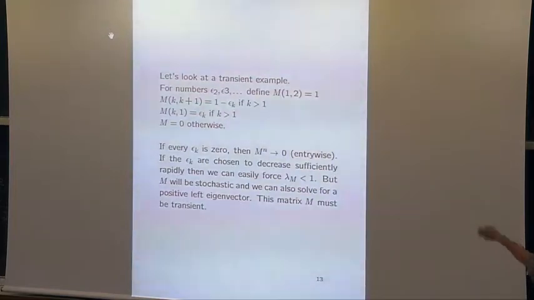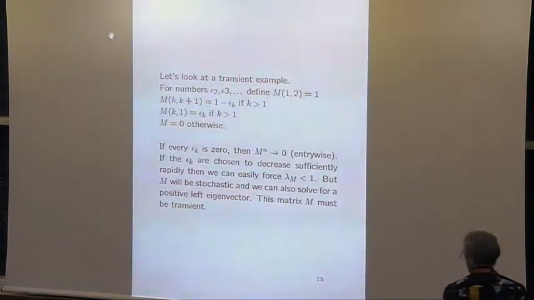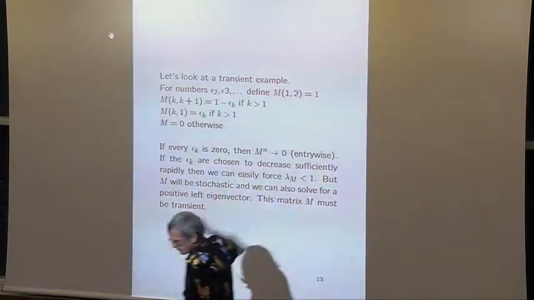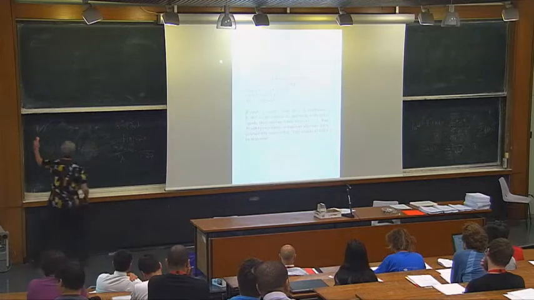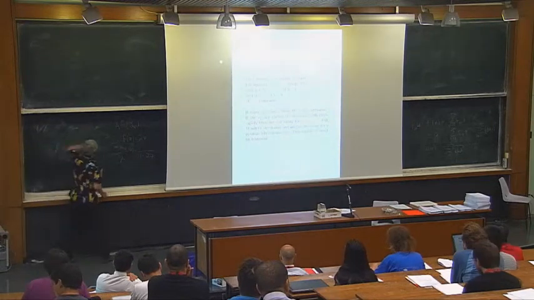So suppose we have some numbers, epsilon_2. That's epsilon subscript 3, not epsilon times 3, and so on. And let's look at a matrix which has the following shape. It's 1, 2 entry.